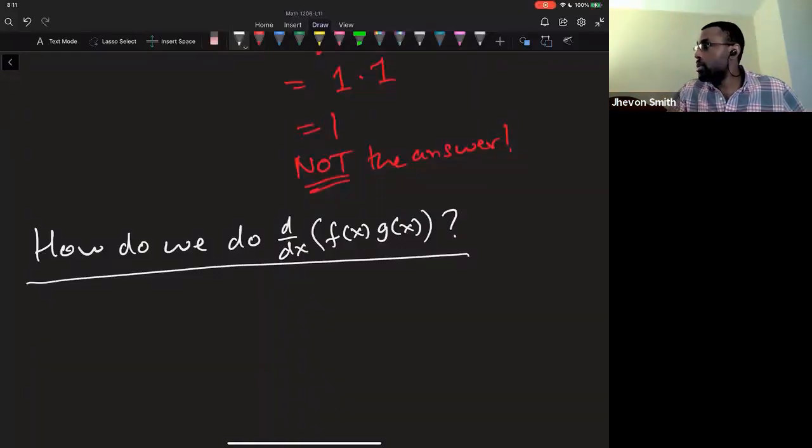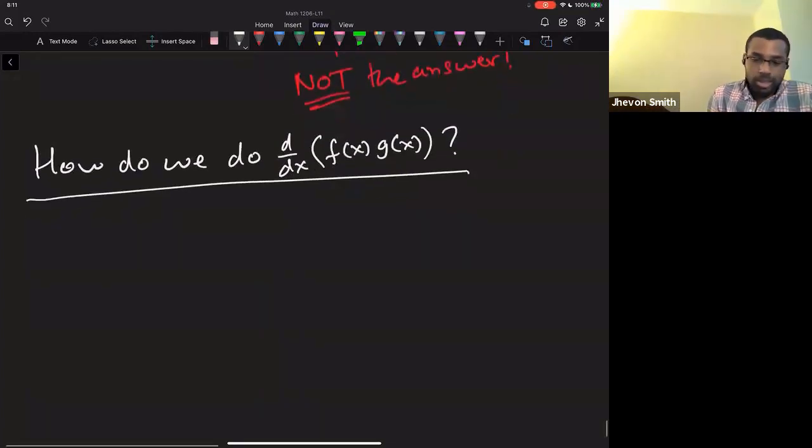Well, we want to do something that we have no idea how to do. So what do we do? We go back to the definition.